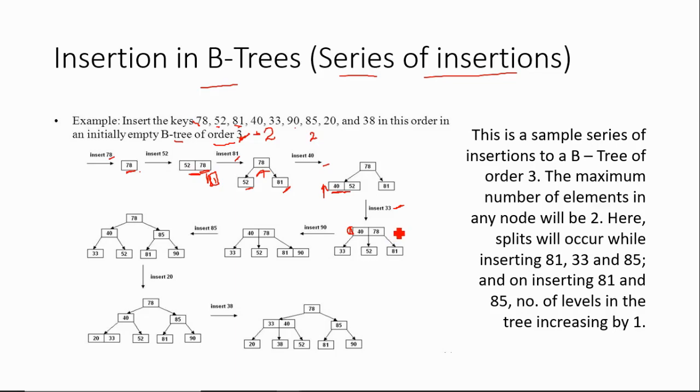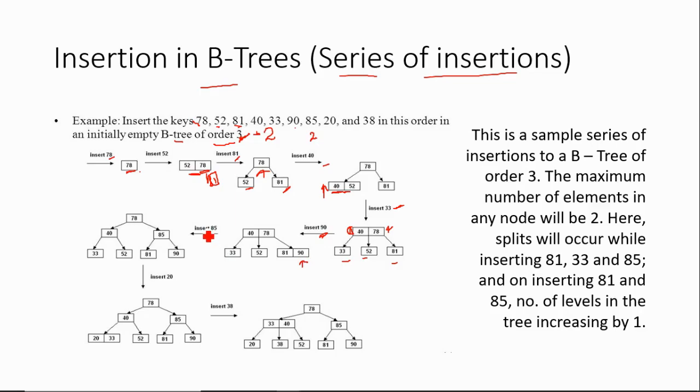So the root now contains 2 elements, and there are 3 children. After this we have inserted 90. 90 is also conveniently added beside 81.